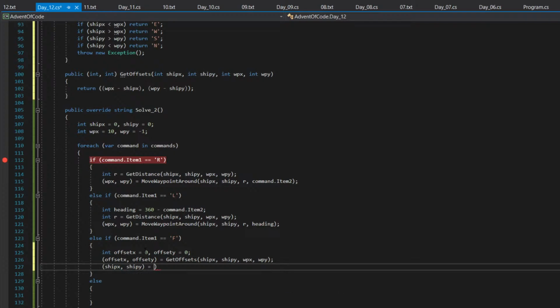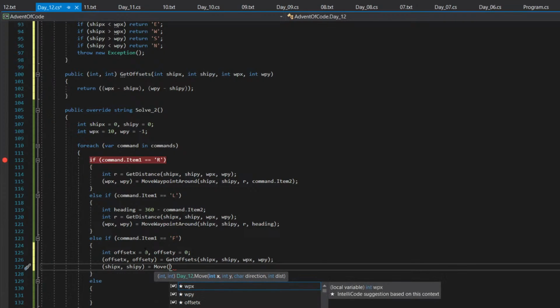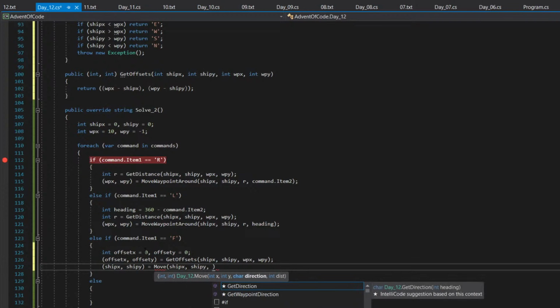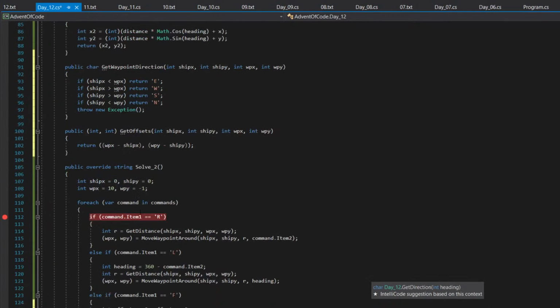Our new position is going to be move. We're going to move ship X, ship Y. Our direction is going to be get, what did we say? Get waypoint direction, ship X, ship Y, waypoint X, waypoint Y. And our distance is going to be what the command says.